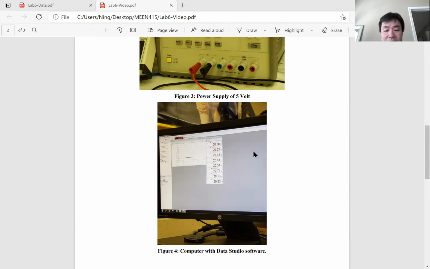And actually, when you do the experiment, you need to sit there for about 20 minutes for the temperature to gradually reach equilibrium, until the temperature becomes stable. Then we record the temperature values. Based on the temperature values, you should be able to calculate these values required in the report.